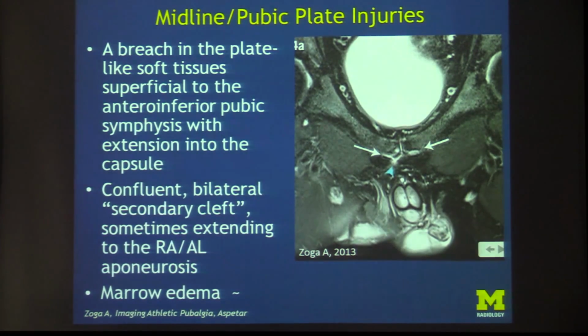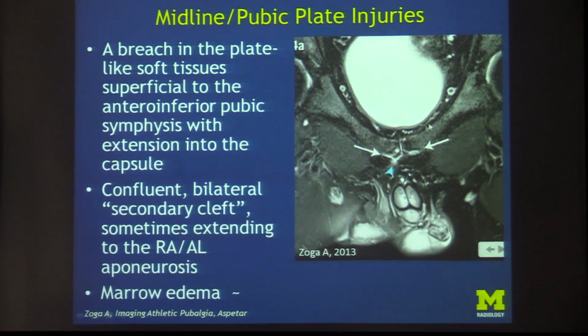Now we also look for soft tissue injury around the symphysis pubis, and specifically 2 types of soft tissue injury which are specific to the area and are seen in athletes. One is midline or pubic plate injury, and the other is the aponeurotic injury. So let's start with the midline or pubic plate injury.